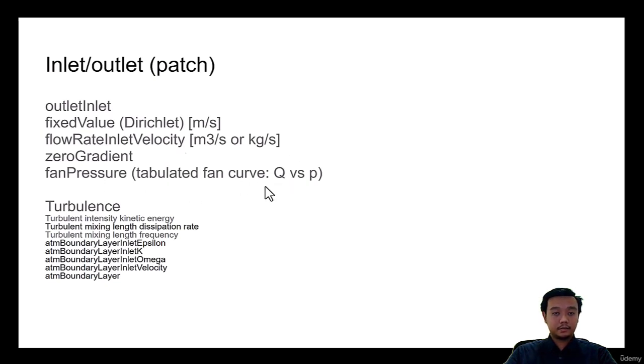We can input it, so the mass flow rate will be driven by the pressure drop of the system, which is very useful if we don't have an exact value of constant mass flow rate. And at the inlet, we can also define the turbulent parameters, such as the intensity of the kinetic energy and mixing length, and maybe the boundary layer, anything like that.